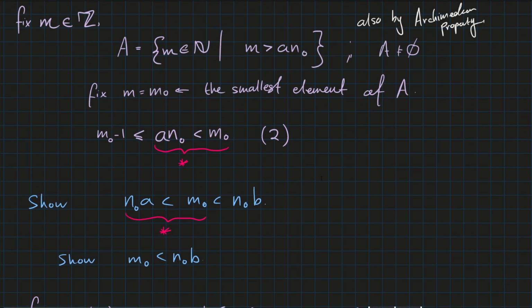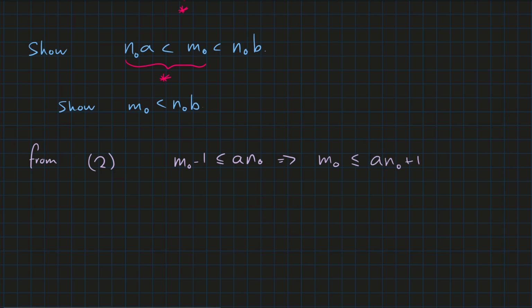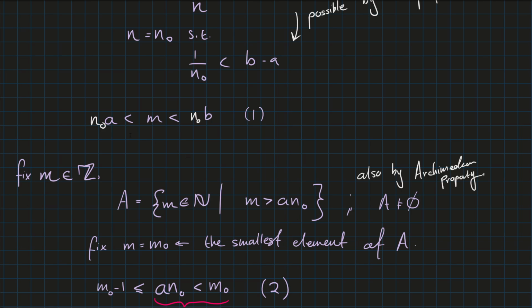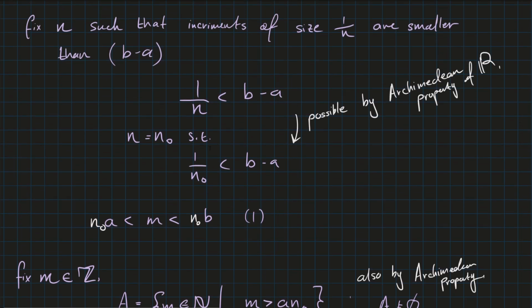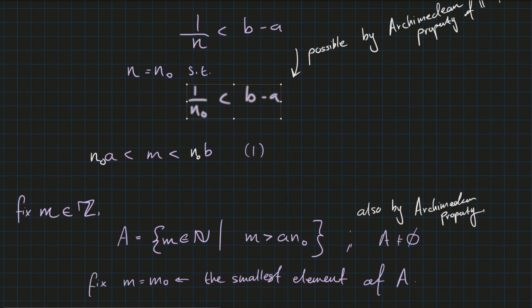Well, I need to know something. I need to relate a to b. And the way that we've related a to b is by this expression right here. That's how I've related a to b.